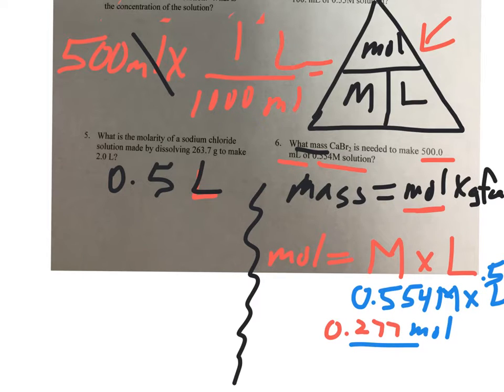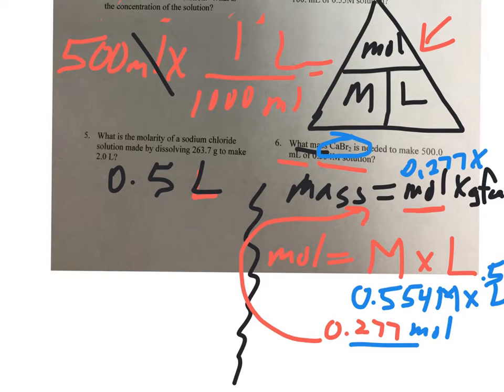All right, but they didn't want moles, right? I have to go and use this because they're looking for mass, right? Okay, so up here I'm going to put the 0.277 times, what's my molar mass for CaBr2?